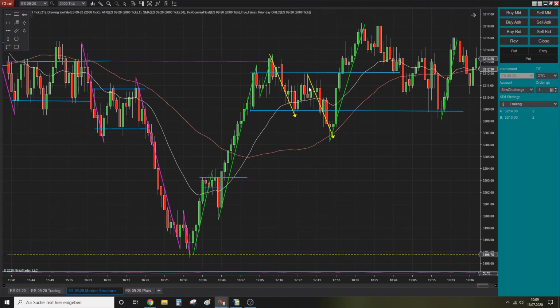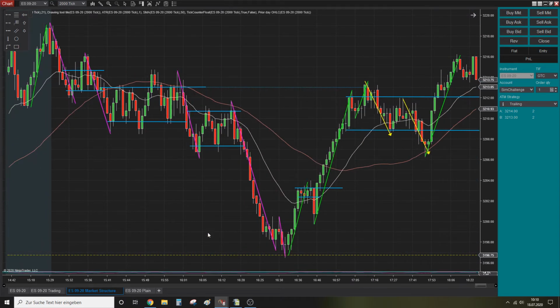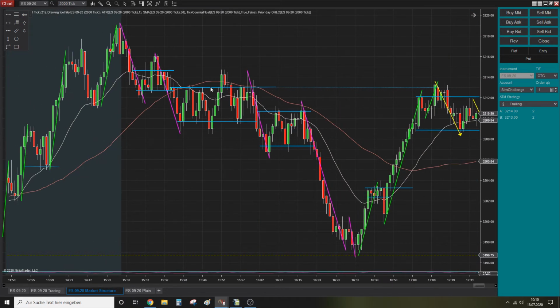Because it makes this 1-to-1 correction, or A, B, C, with the arrows for hindsight. So it makes the failed breakout and then goes through. It cannot really follow through up here, but this is just for the eyes to see that.